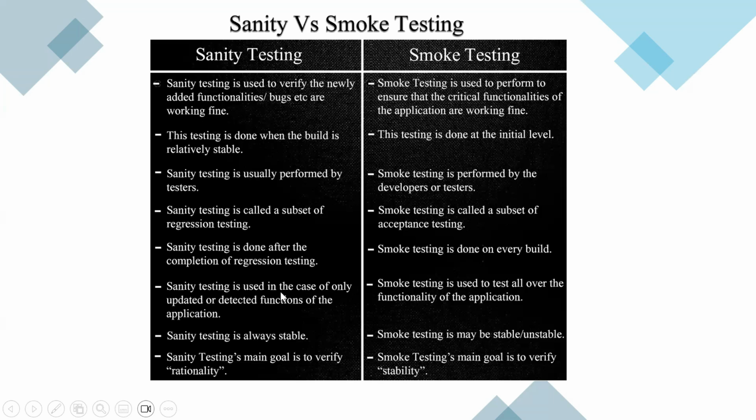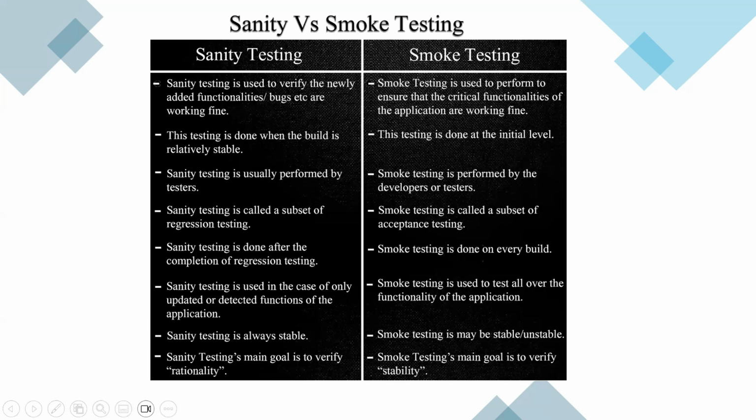Sanity testing is used in the case of only updated or deleted functions of the application. If anything in the functionality has been updated or any feature is deleted, in that case we do sanity testing. Smoke testing is used to test the overall functionality of the application. Yes. And sanity testing is always stable.